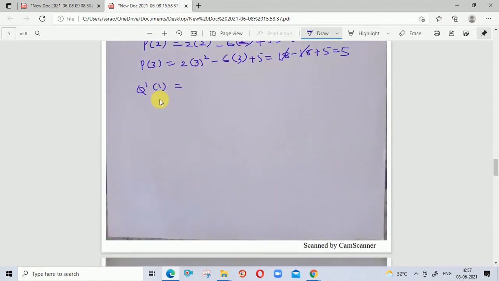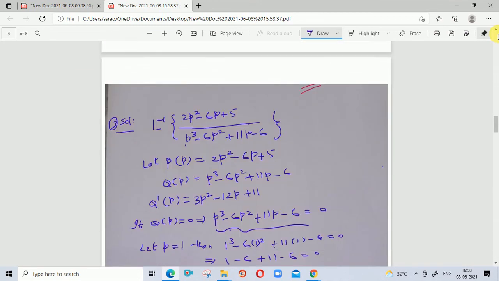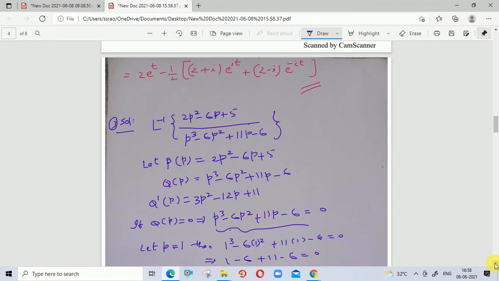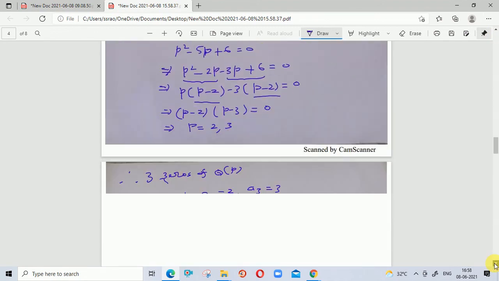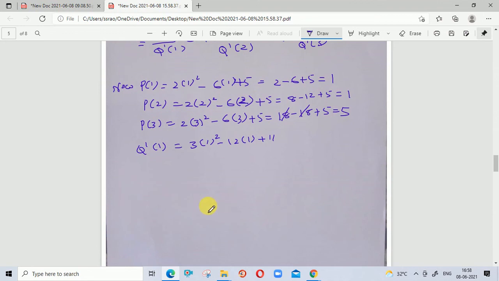So 3 into 1 square minus 12 into 1 plus 11. So that is equal to 3 minus 12 plus 11. That is equal to, 14 minus 12, 2.